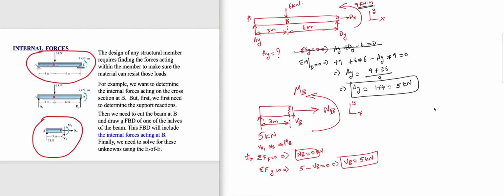Last thing, moments with respect to B. That's where you have sigma M_B equal to 0. Assuming counterclockwise is positive implies you have 5 times 3, and that is clockwise negative, and you have positive MB equal to 0, implies what is MB? 15 kilonewton times meter.